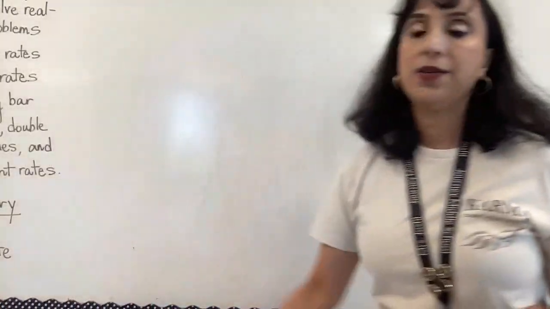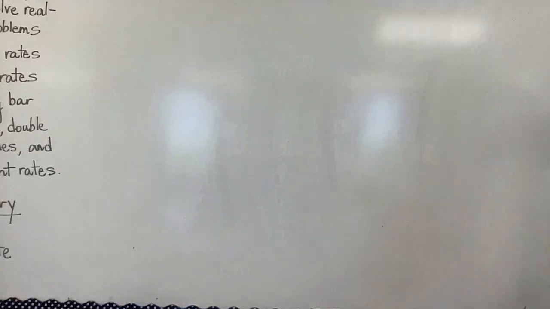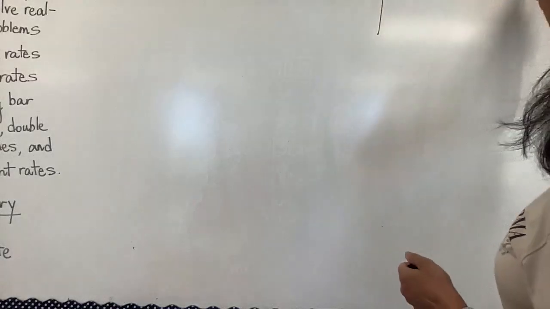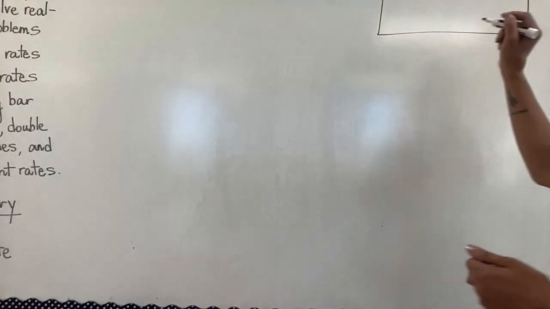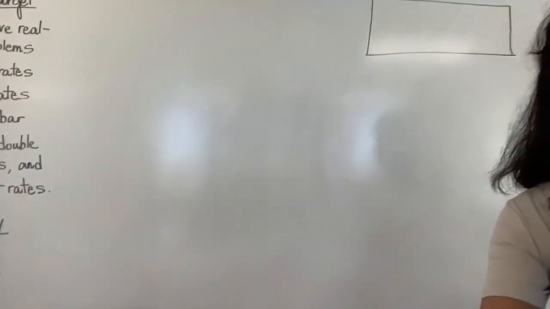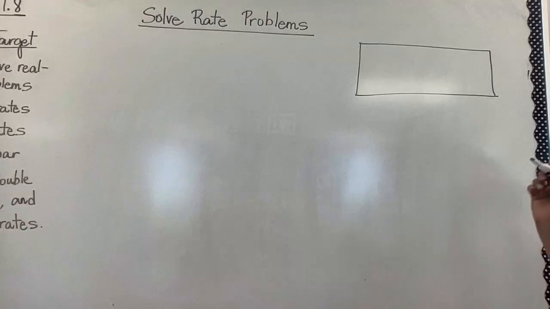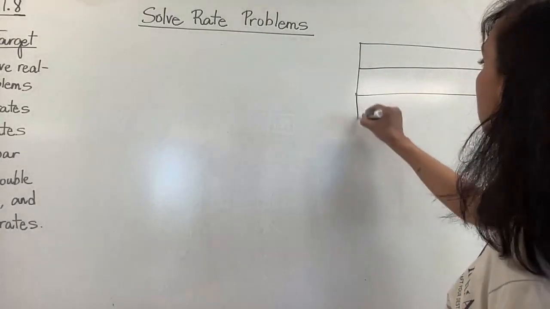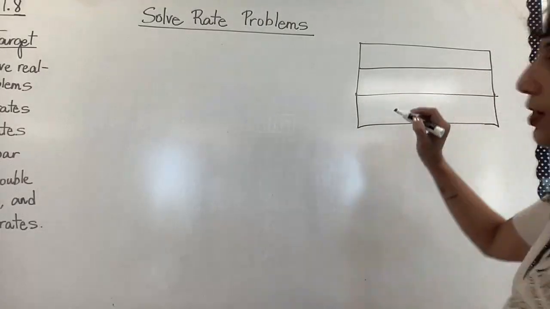Okay, so the question states that a vet is measuring the number of heartbeats of a dog and cat for 4 minutes. I'm going to write it down over here really quick.